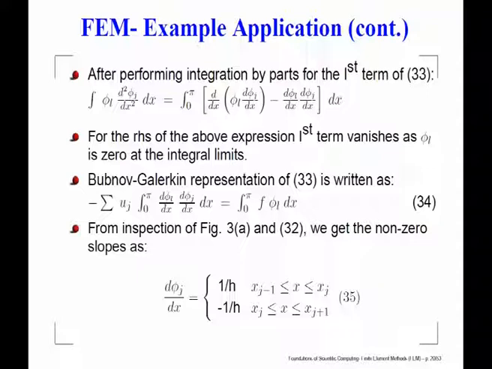What is the property of phi L? Phi L has this property, what we have written, that it is 1 only at the node, and everywhere else it is 0. So, for any arbitrary phi L, if it is not the end element, this perfect differential will vanish, because phi L is 0, right.